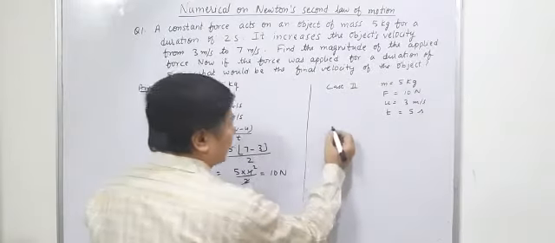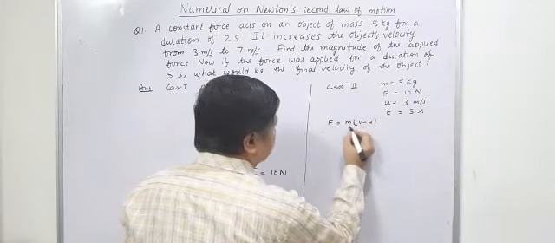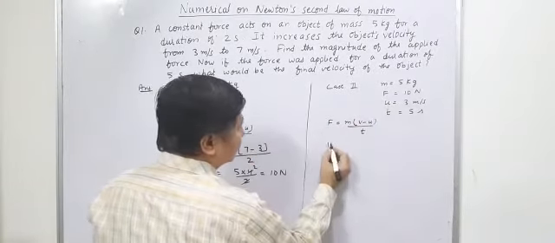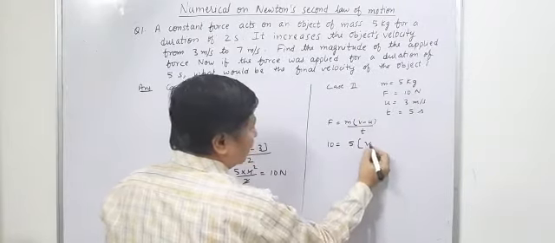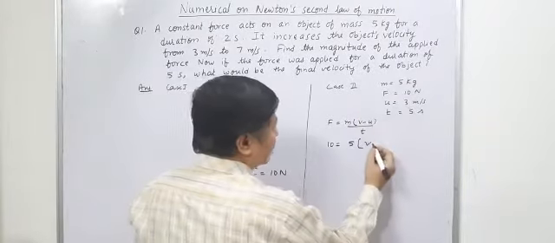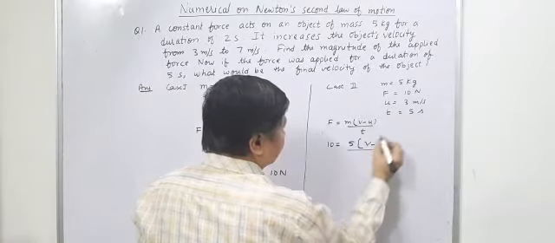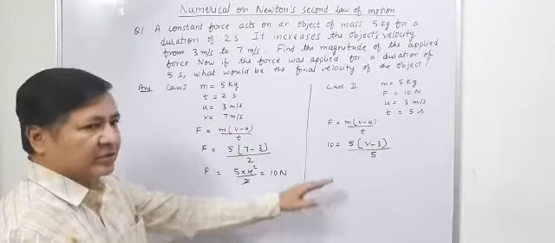Now apply the formula F = m(v - u)/t. F is given as 10 Newton, m is 5, final velocity we have to find, u is 3, and time is 5 seconds. Earlier the time was 2 seconds, now it is 5 seconds.